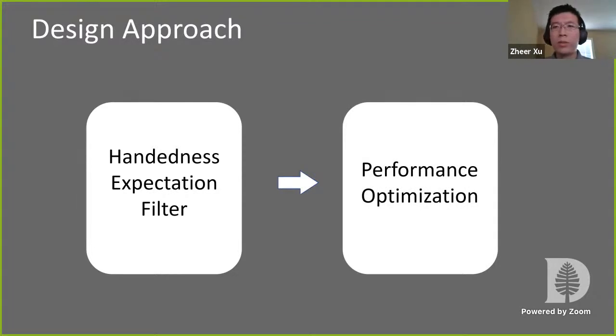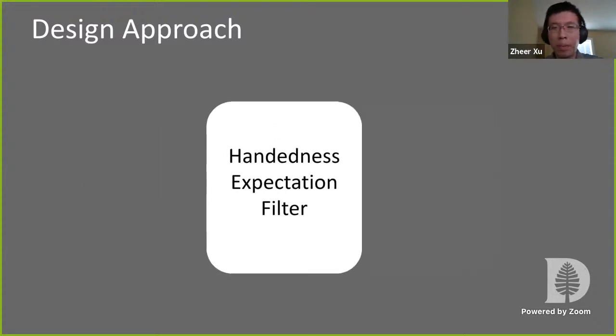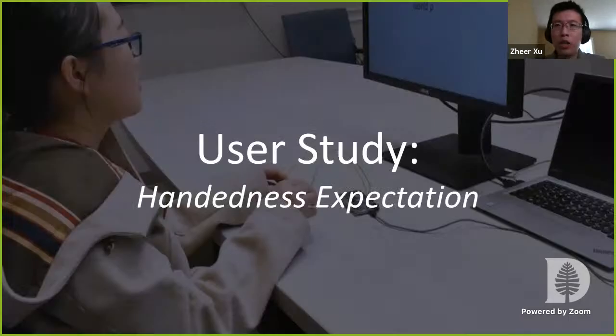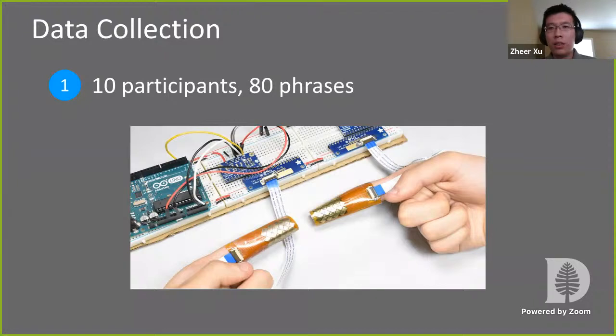Let's first talk about collecting users' expectation data for key handedness. To do so, we conducted a user study. 10 participants were involved in this study. They needed to type 80 phrases randomly selected from Mackenzie's test set.